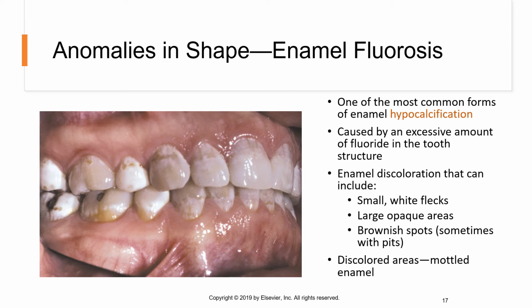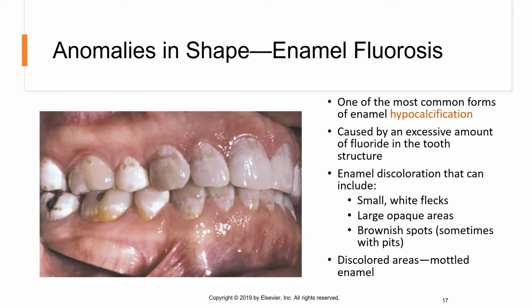Anomalies in shape, enamel fluorosis. The interesting thing about enamel fluorosis is usually we give the patient fluoride to build up their enamel and make it nice and strong. But this is actually a cause of hypocalcification. It's undercalcified.